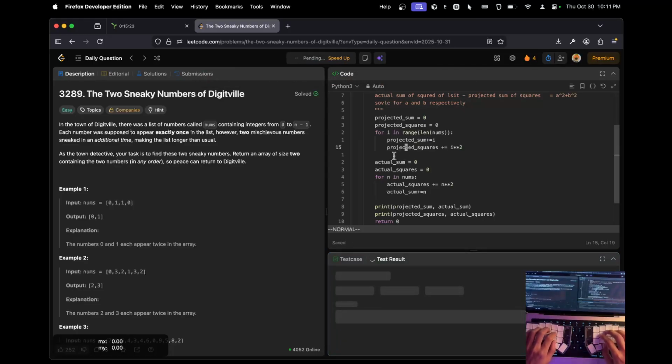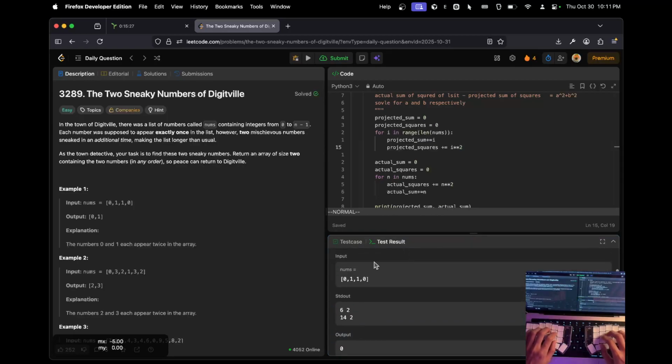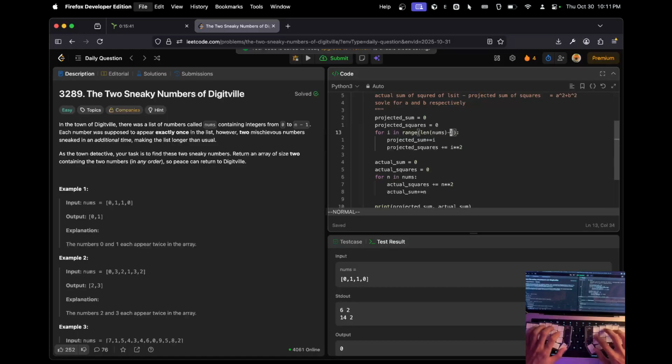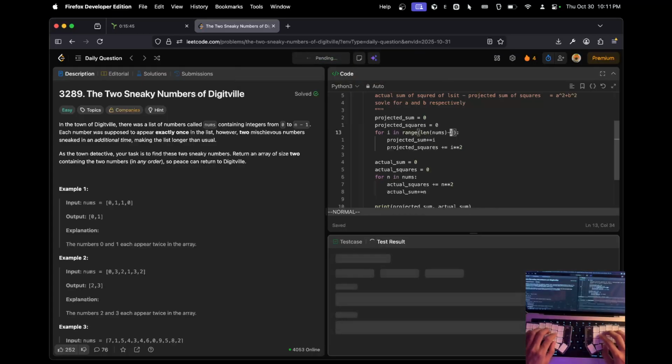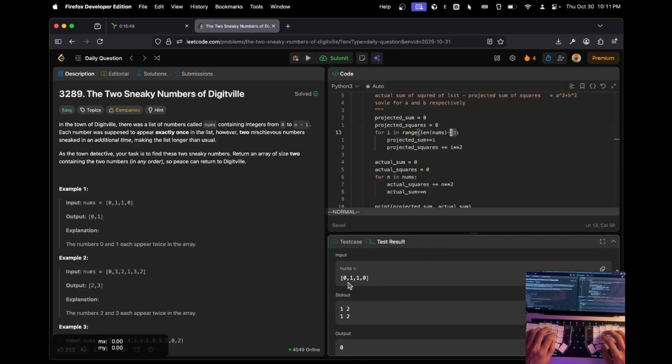I really wish LeetCode had autocomplete. Okay. That's right. The length is gonna be too big, so it should actually be like this because you don't want to account for the numbers.